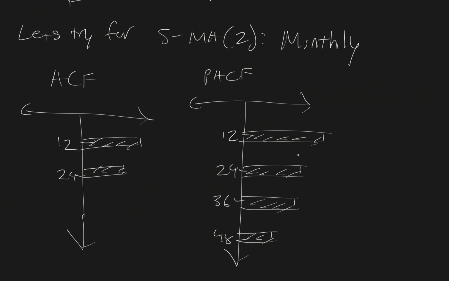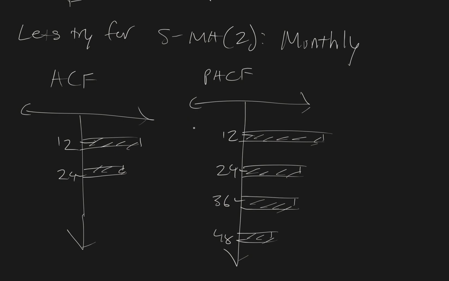And so for a moving average model, there's a gradual decrease in the PACF, but then a spike in the ACF, and then zero for all the lags after. And so for a seasonal MA2 model, we have 2 spikes. Because it's monthly, we have spikes at every 12 months. So 12 and 24, and then a gradual oscillating decrease at the PACF because it's an MA model.